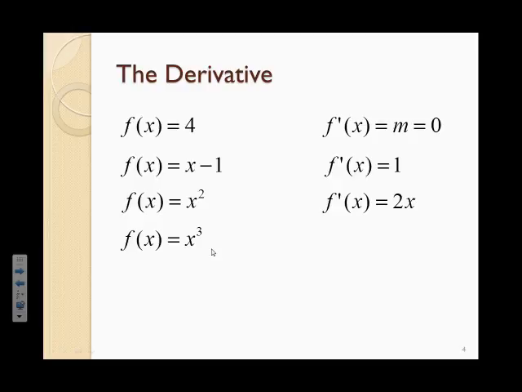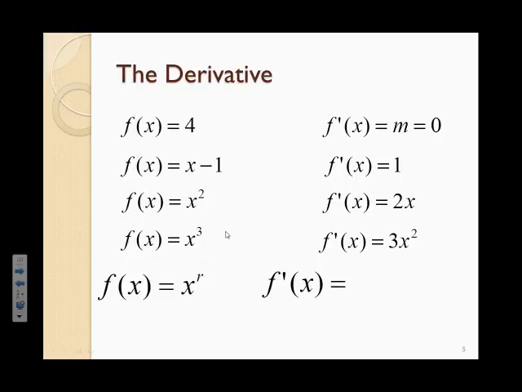Well, you played around with that a little bit, and in the homework you discovered that it equals 3x squared. Now, just using these 4, of course, there are a lot of other ones, we can look at it and say, hey, we discover a pattern. What would this actually be? So if you wanted to find the derivative of the function x to the r, where r represents any number, it's x to any power, how would we do this?